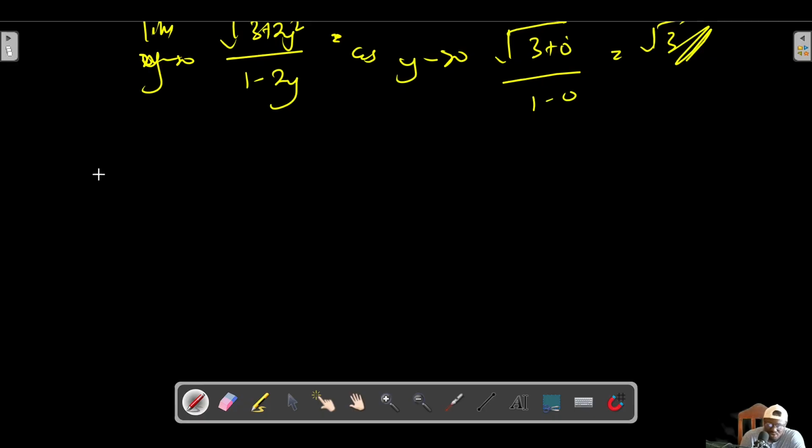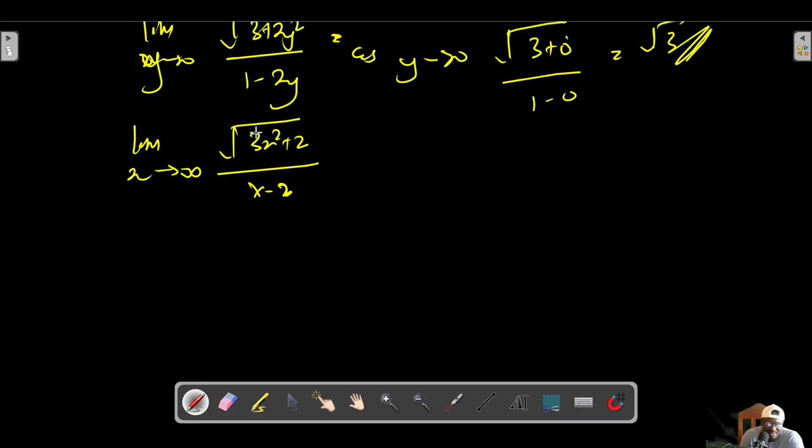Now you can also do it directly, by dividing through by the greatest power, but you have to be very, very careful. So let us do that. The limit as x is approaching infinity of the expression square root of 3x squared plus 2 divided by x minus 2.